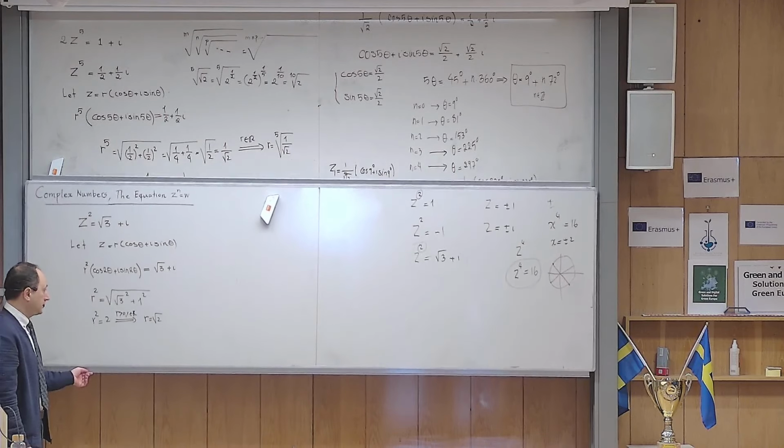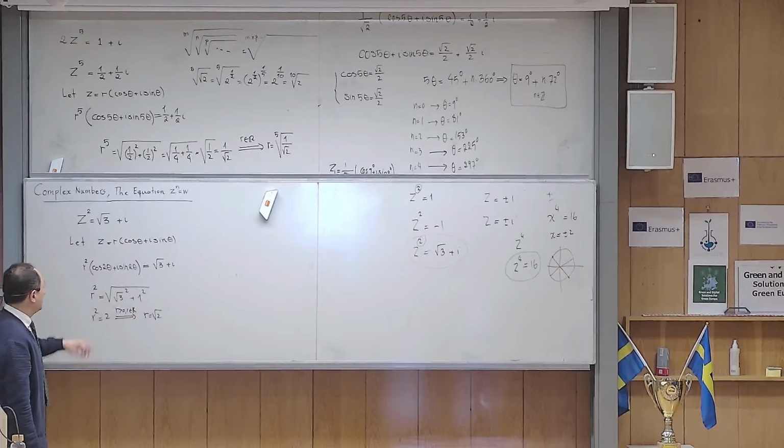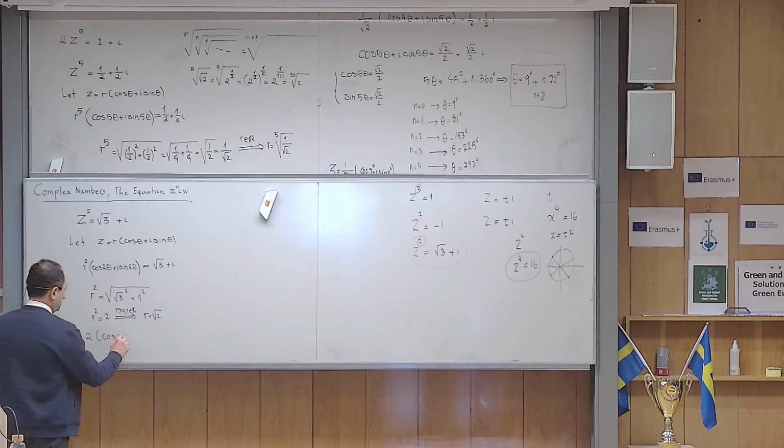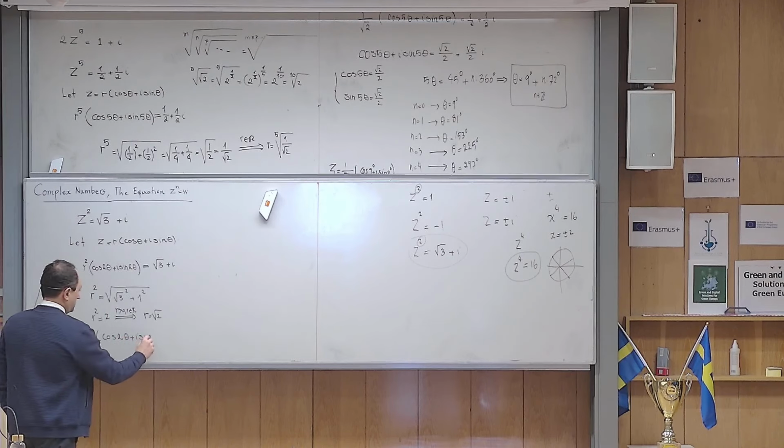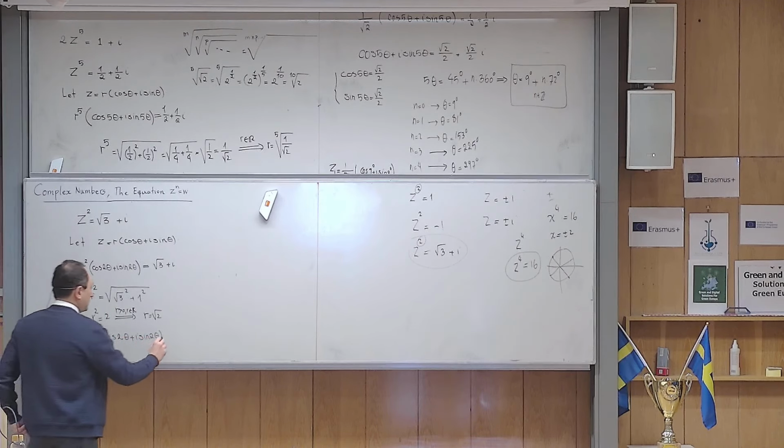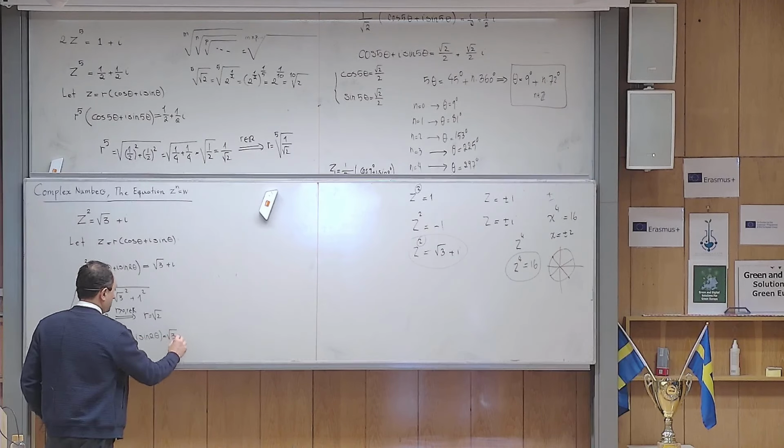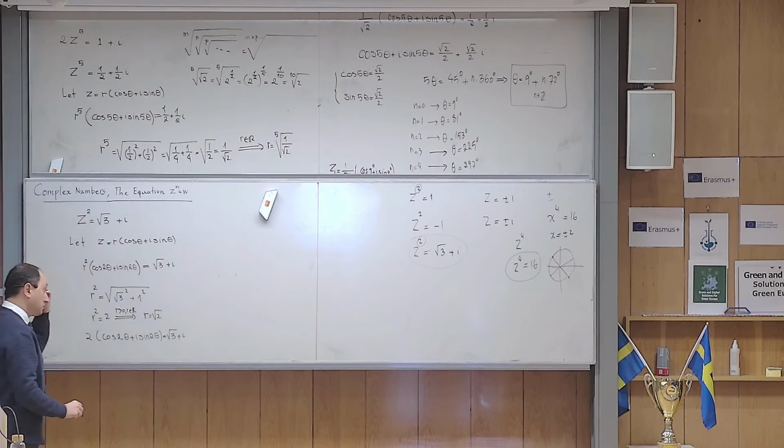And then you go back. R squared is 2, you put 2 here. Yes? It becomes square root of 3 plus I. And then you divide everything by 2.